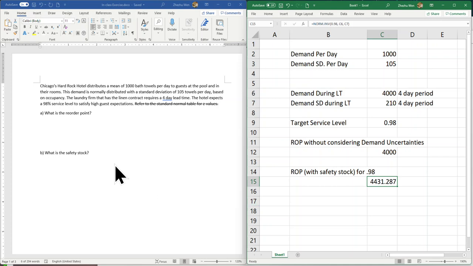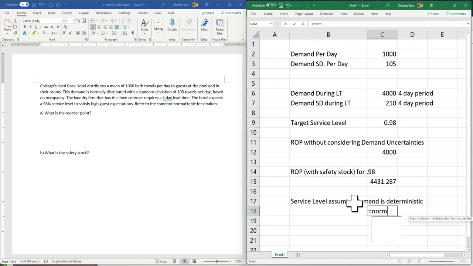The second question is asking, what is the safety stock? It's asking you whether you can separate your safety stock from your reorder point. Remember, when the demand is constant, there's no safety stock. So this is going to be your reorder point. If you only order based on the reorder point without considering demand uncertainty, assuming demand is deterministic and not probabilistic, the service level is NORM.DIST at 4,000.